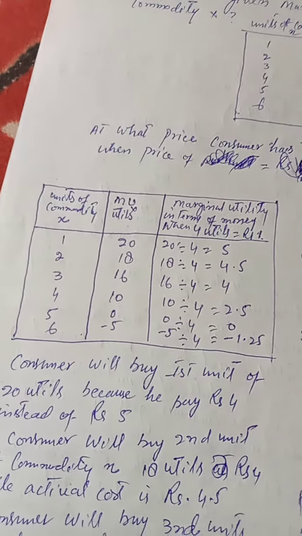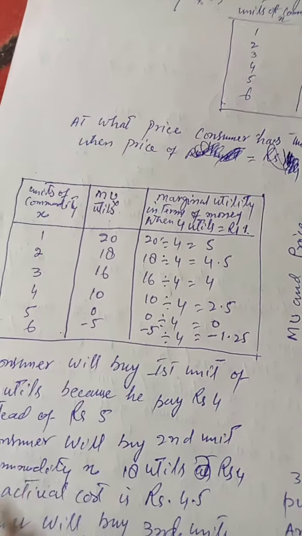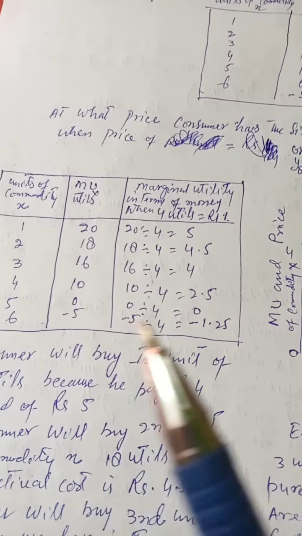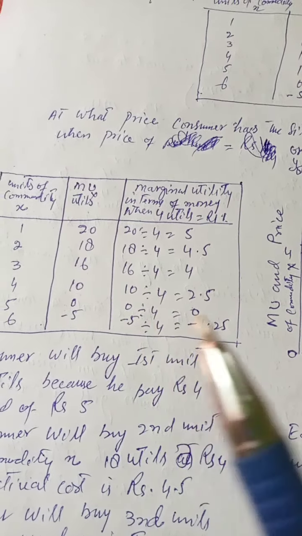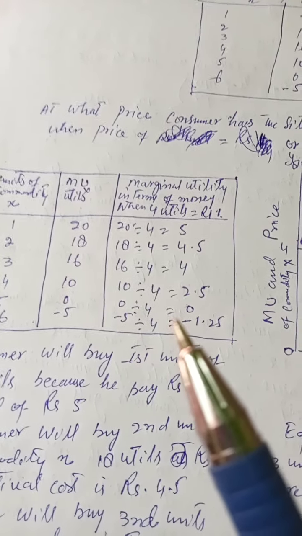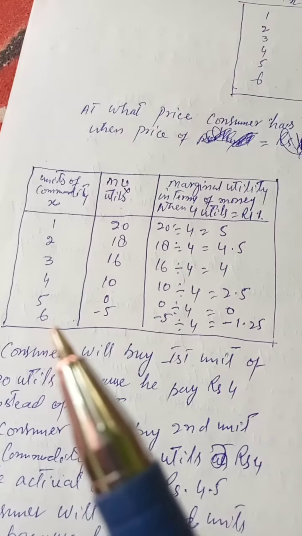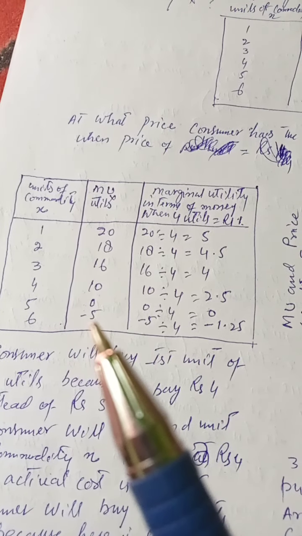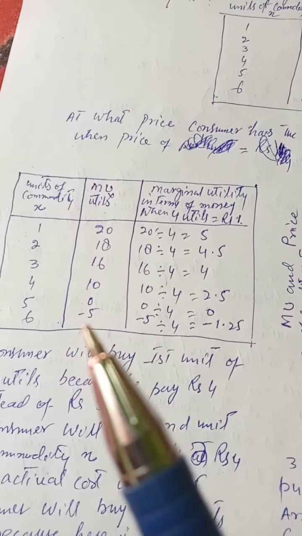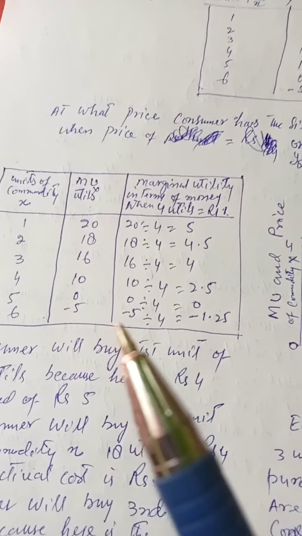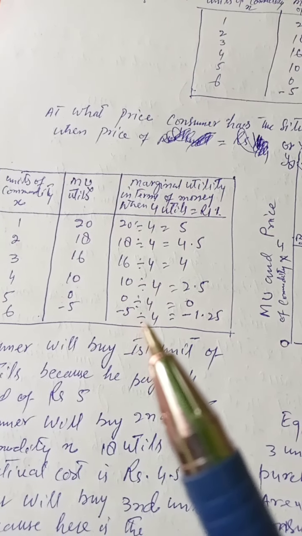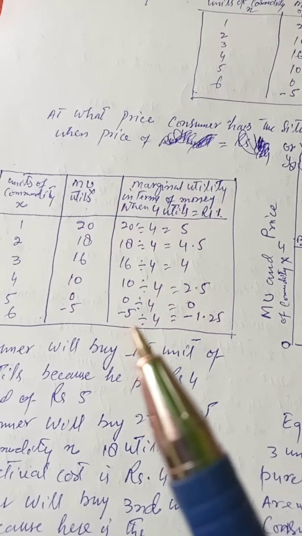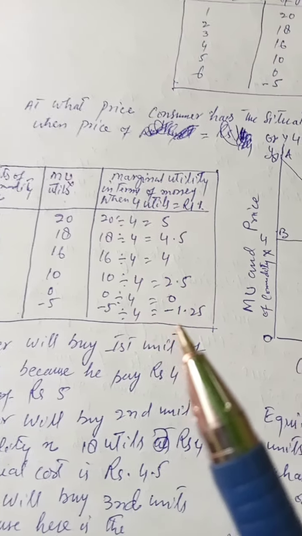At the fifth unit, marginal utility becomes 0, while marginal utility in terms of money is also 0. When we consume the sixth unit of this commodity, marginal utility is equal to minus 5, and marginal utility in terms of money is minus 5 divided by 4, it is minus 1.25.